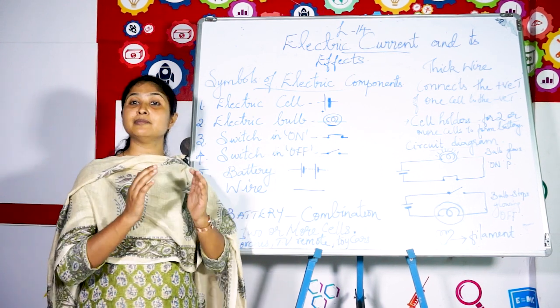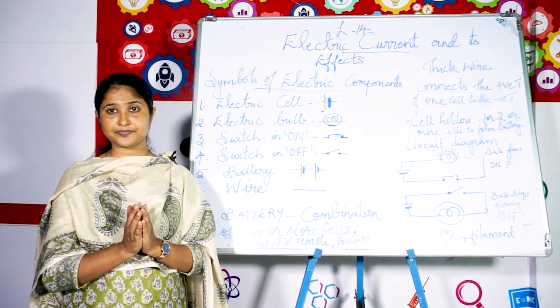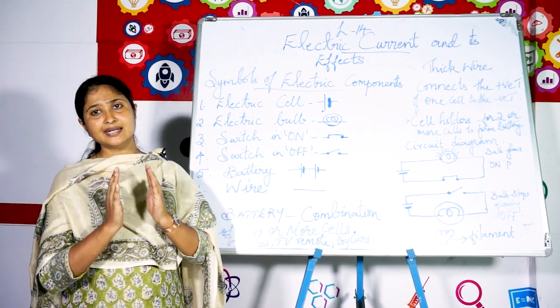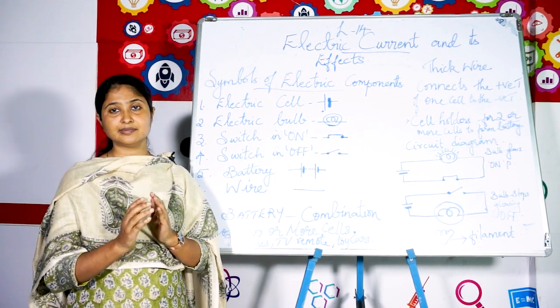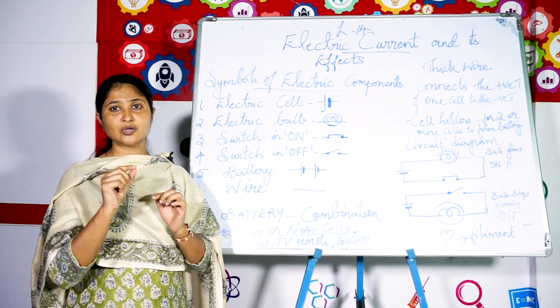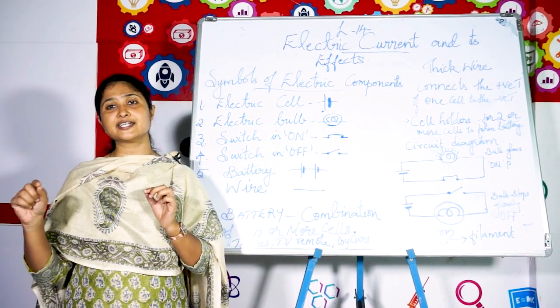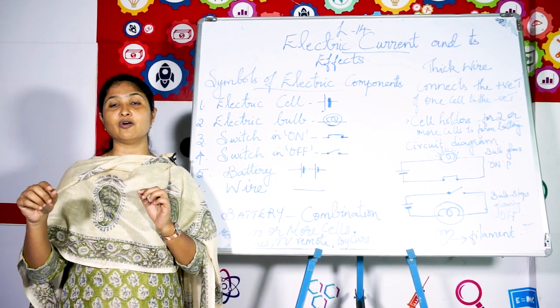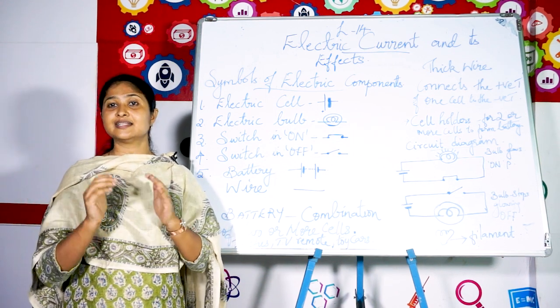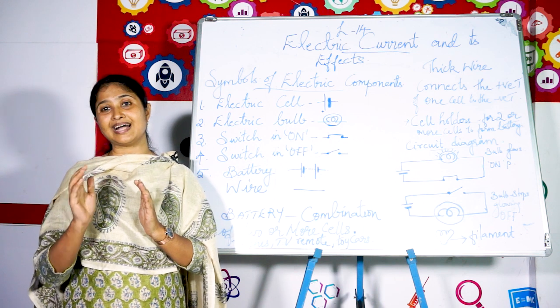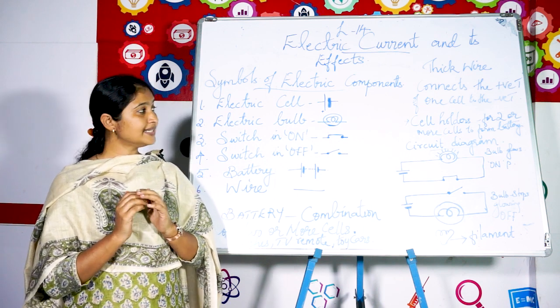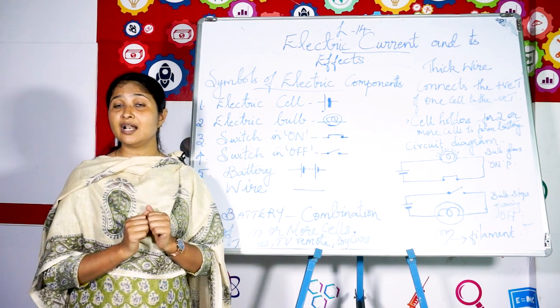Now how are the batteries connected? The cells are connected to one another by a wire. The positive terminal of one electric cell will be connected to the negative terminal of another cell. That is how the batteries are connected. These can be kept in cell holders.